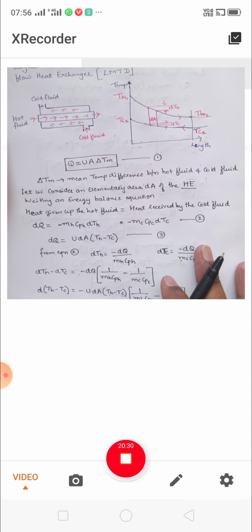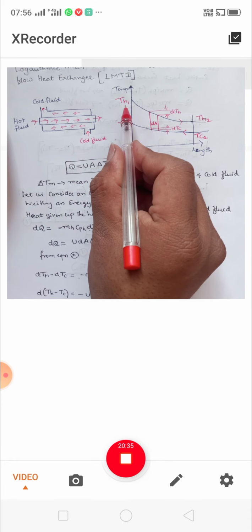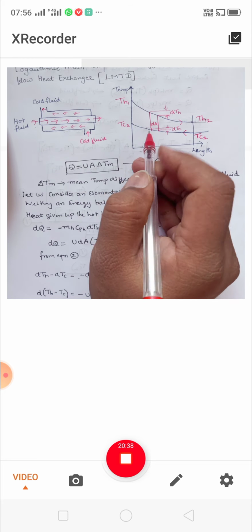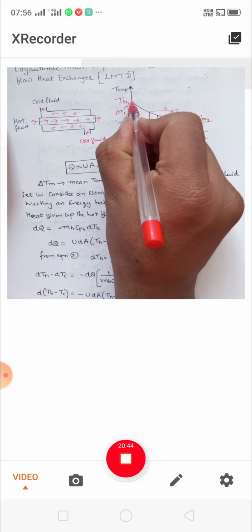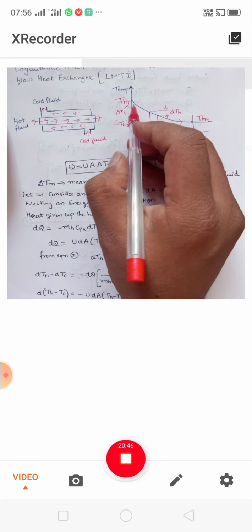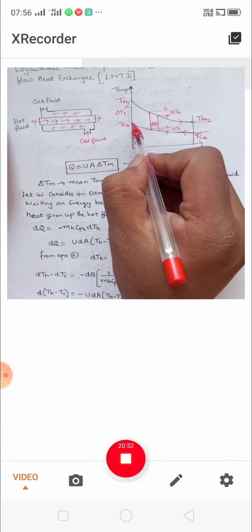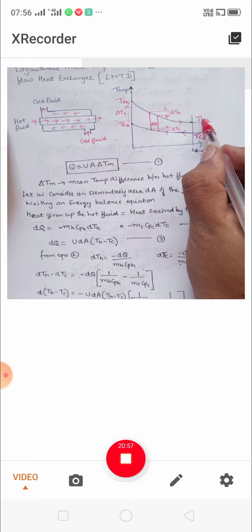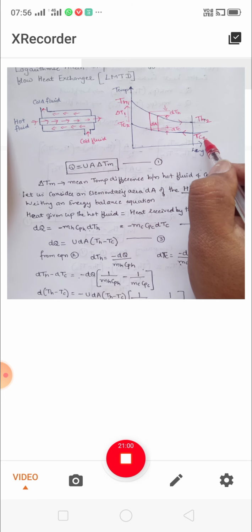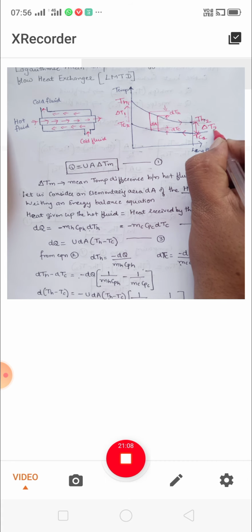You can see the difference in temperatures between the hot fluid and the cold fluid at the inlet of the heat exchanger is given by delta T1. Similarly, the difference in temperatures of the hot fluid and the cold fluid at the exit of the heat exchanger is given by delta T2.